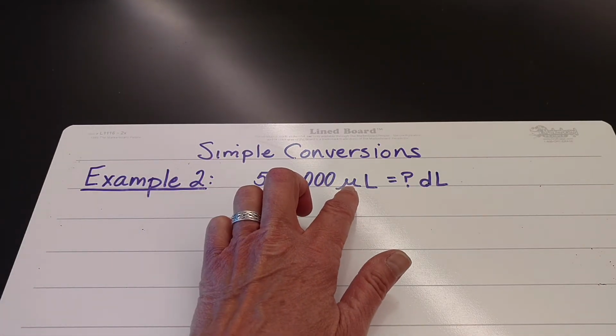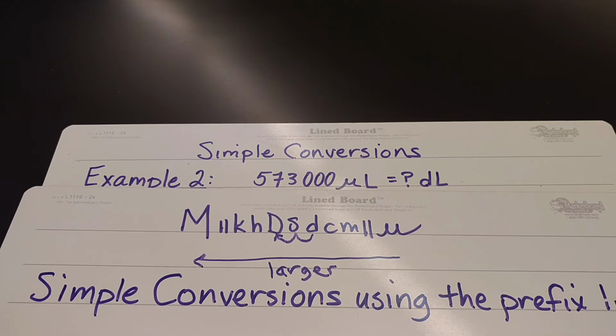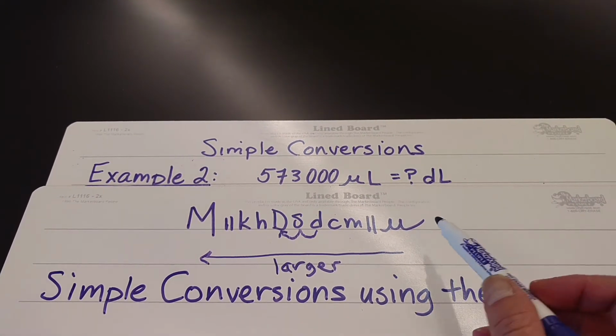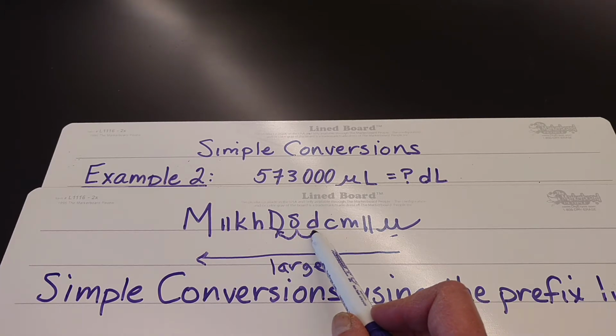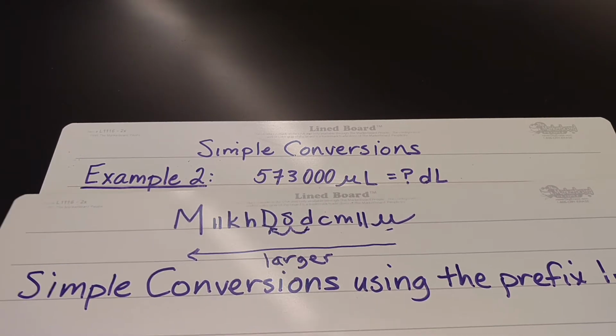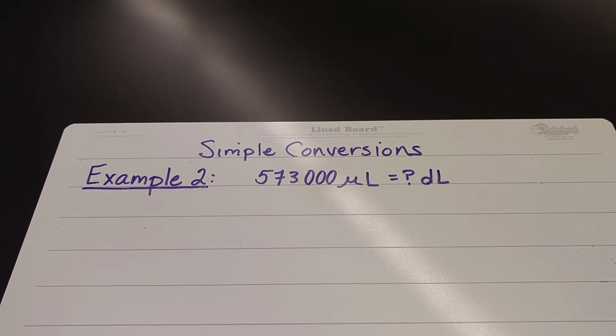So remember that that is the micro all the way over on our prefix line. So here, we want to determine how many deciliters that is. So I'd like you to pause the video now and solve for this using the factor label method, and then after you finish, unpause, or sorry, start the video again to see if you had the answer correct.